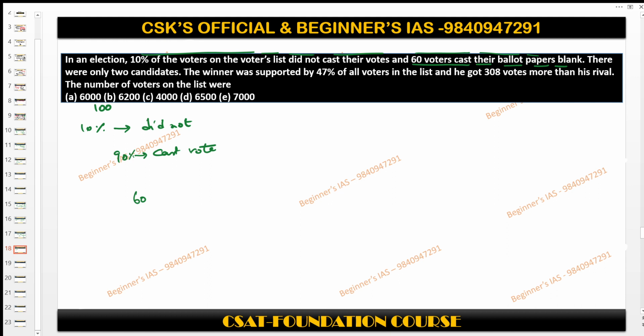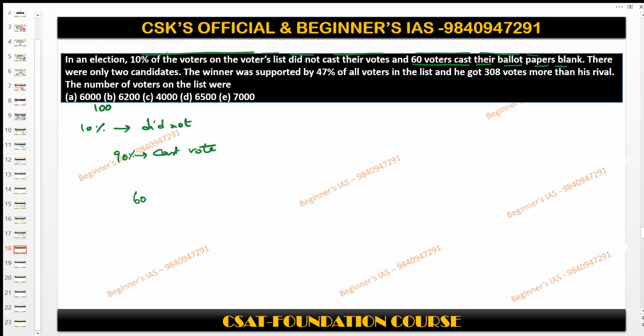Then what is the answer for this one? See, mathematically, if you calculate, it goes very lengthy. I will tell you some other techniques.